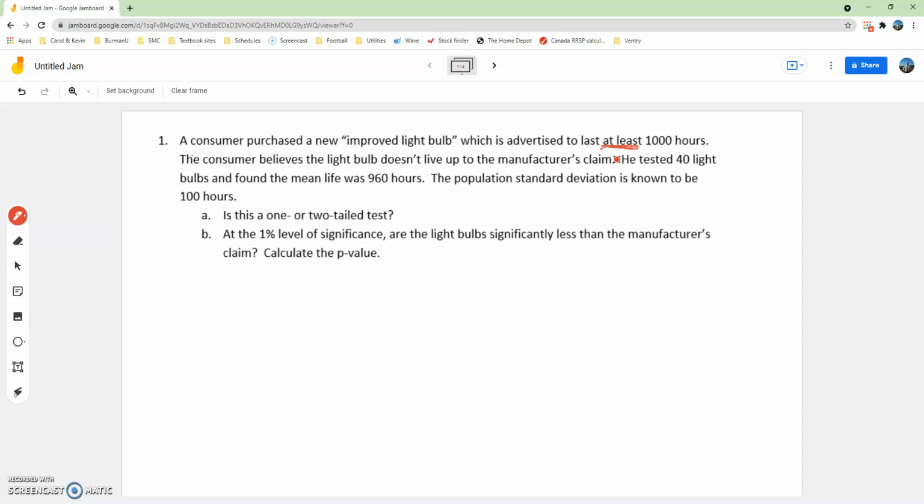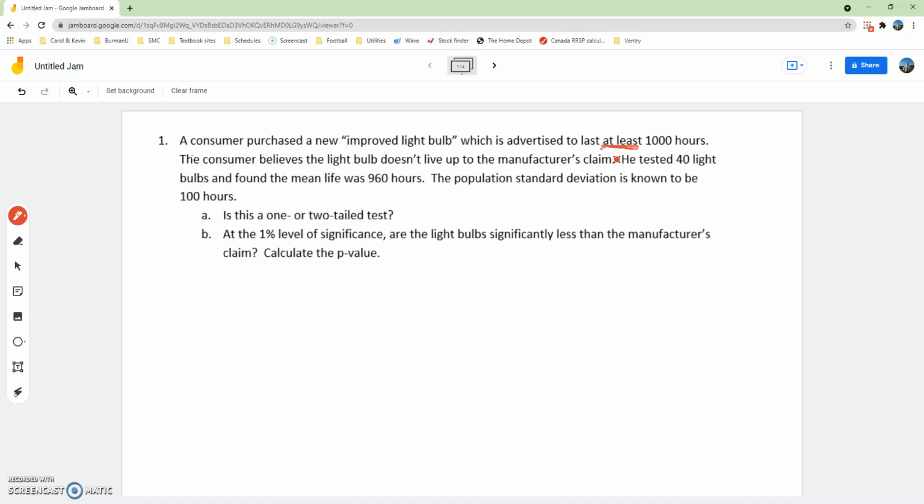Basically, you'd go out and buy 40 light bulbs, plug them in, turn them on, and see when they actually die. He found that the average life was 960. So yes, 960 is less than 1,000. However, when we sample anything, we take a small number of items. Sampling is not 100% accurate, but it saves time and money.